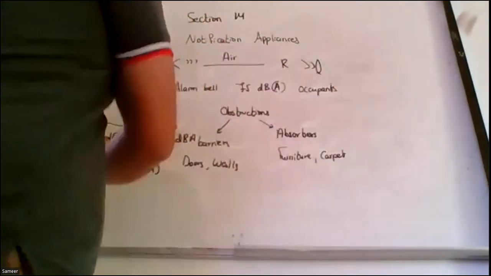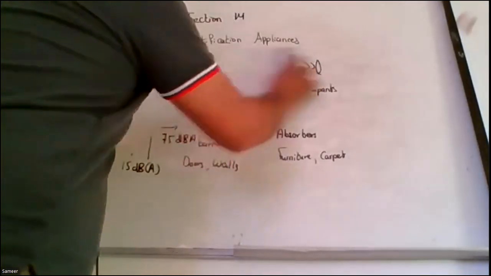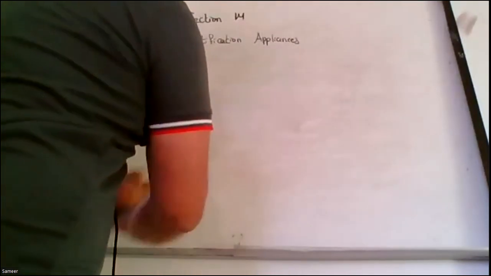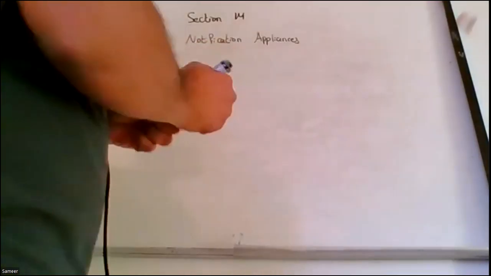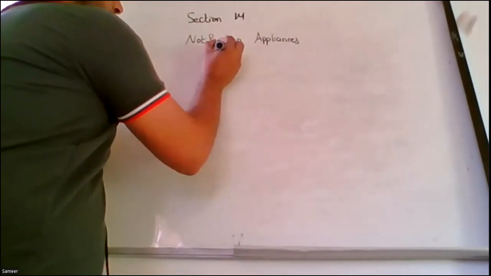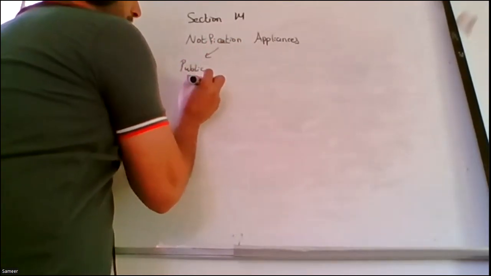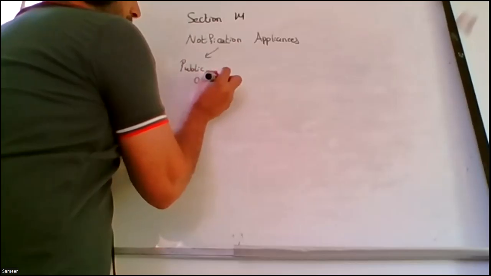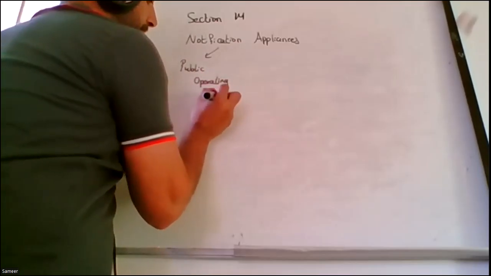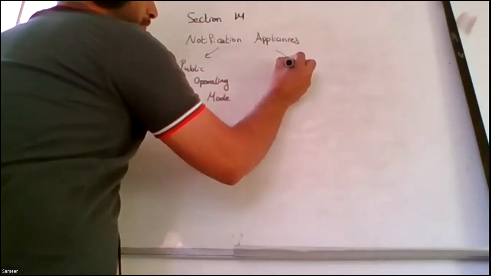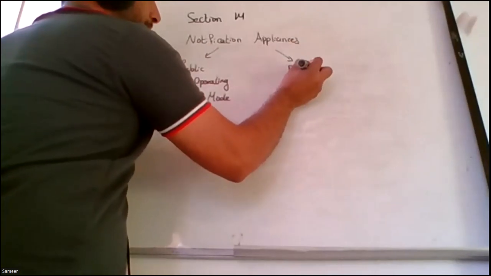Notification appliances are categorized into two types. One is the public operating mode, and the second one is the private operating mode.